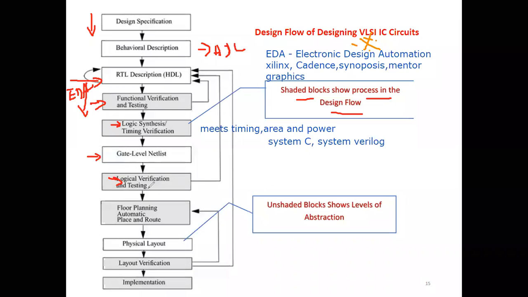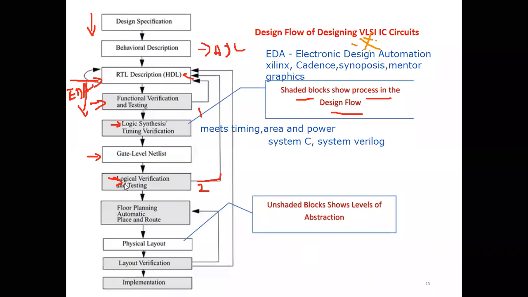If we are not meeting the timing, area and power here, what do you need to do? You have to go back to the RTL description here. You can see this arrow mark. This is the first level, this is the second level, the testing of your circuit. If it is not meeting properly, you have to go back here.